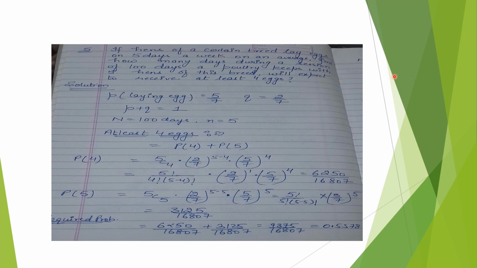So from this information it is very clear that we have a total of 5 hens of this particular breed. So here n, number of items or number of trials or number of observations, will become 5. Then these hens lay eggs 5 days a week on an average basis.